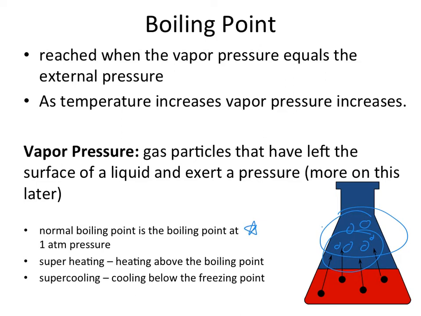So basically I put water on a stove and I'm going to boil some noodles. Well, when I get that water to boil, we consider it normal boiling point because I'm at basically 1 atmosphere of pressure. Okay, basically superheating occurs when you're heating above the normal boiling point. And that usually is accompanied by pressure changes. And supercooling is a similar thought process.